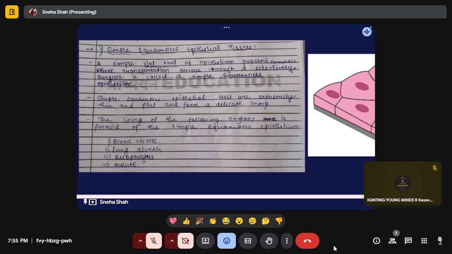And lastly, mouth. Now, what is the function of the mouth in your digestion? You might think, why is the mouth such an important organ? It is important because the process of digestion begins in the mouth. First of all, the mouth contains the tongue and salivary glands, which release saliva.